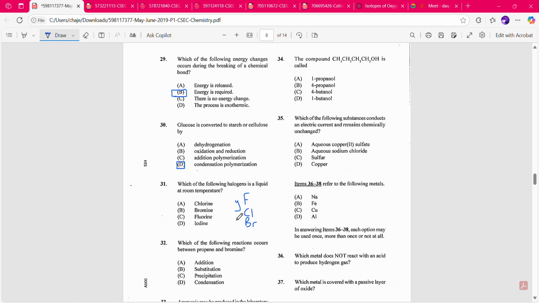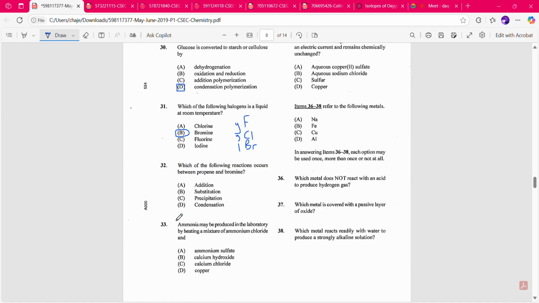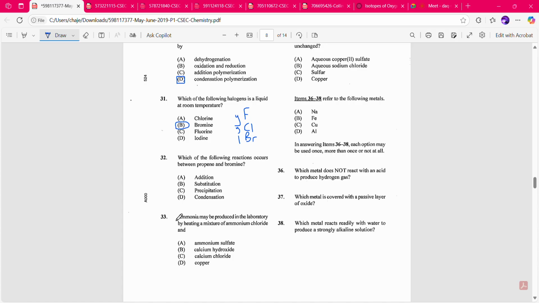Easy. Okay. We know that fluorine is a gas, chlorine is a gas, bromine is a liquid. They always repeat because we saw these the last time. I hope they don't change the paper though, because sometimes they choose to change up everything.